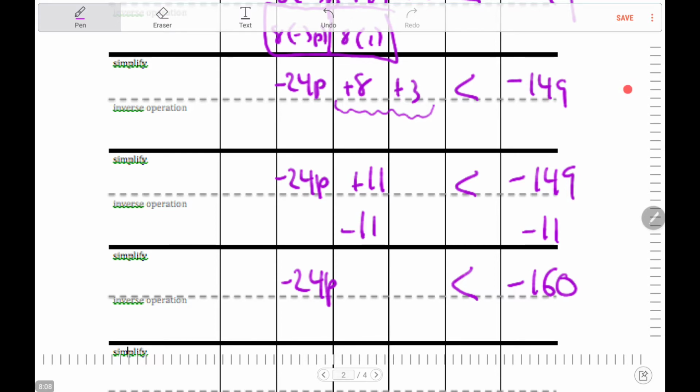And the next step is going to be to divide by negative 24. Divide by negative 24. Let's see, what's 160 divided by 24?